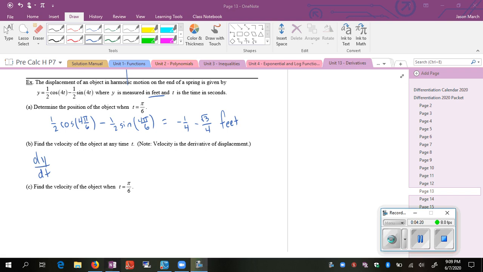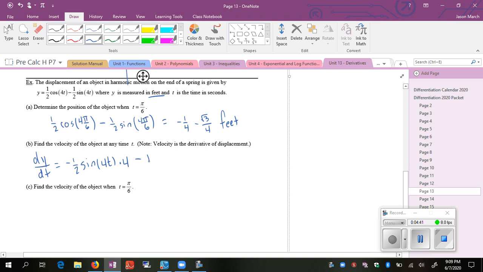So the derivative of half cosine 4t. Using the chain rule, the derivative of cosine is negative sine. So we have negative half sine 4t times 4, minus the derivative of sine, which is cosine, so negative a half cosine of 4t times 4.